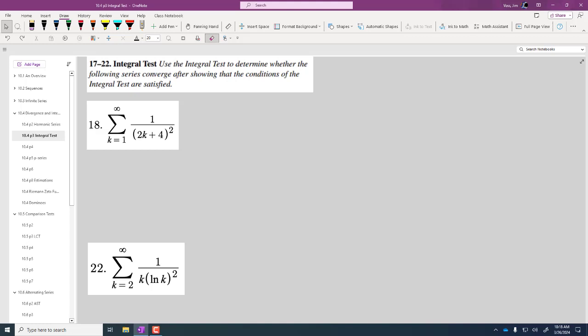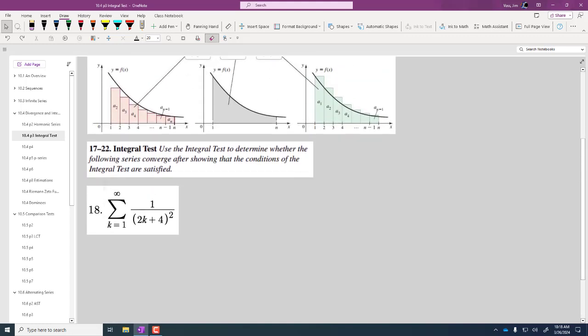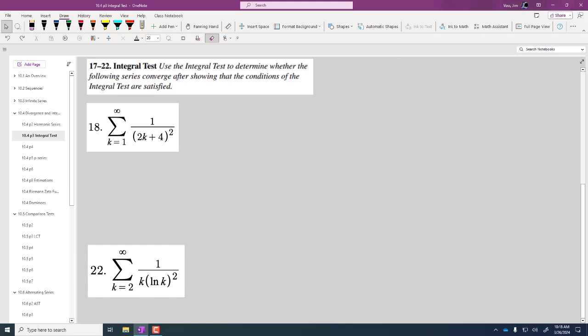The main thing with the integral test is that you've got to be able to do the integral. So if you look at your summand and it's not integrable, if you don't know how to integrate it, if it's a k factorial, for example, then the integral test makes no sense to choose. The only reason you would ever decide on the integral test is if you can integrate the summand.